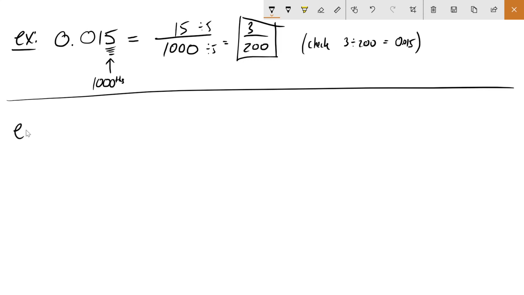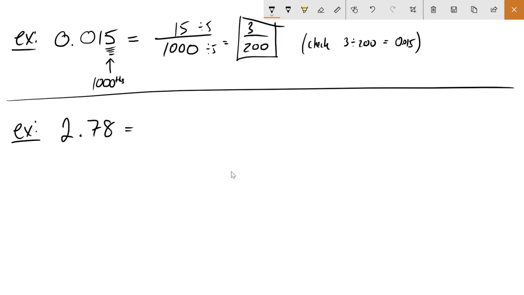What if I wanted to take a number like 2.78 and turn that into a fraction? There's actually 2 ways you could do that, but what's one way you could do it? Anybody got an idea how you handle that when there's a whole number involved?